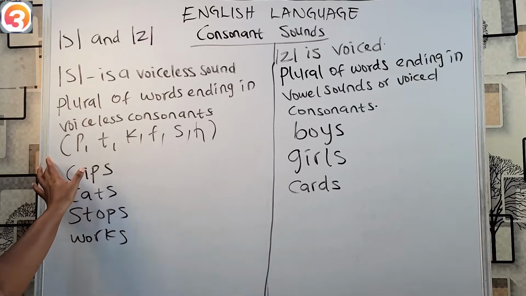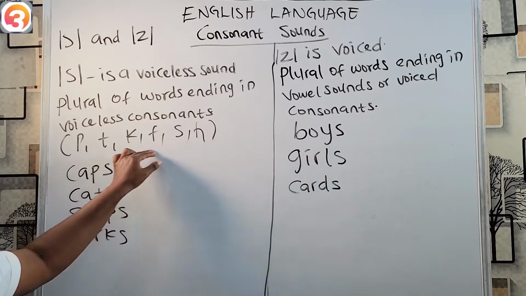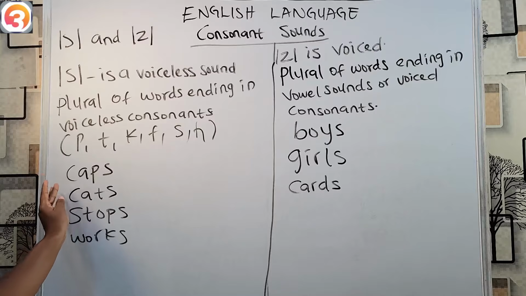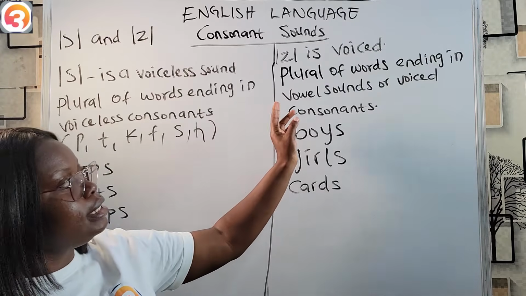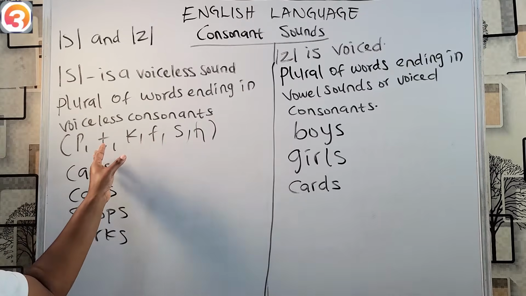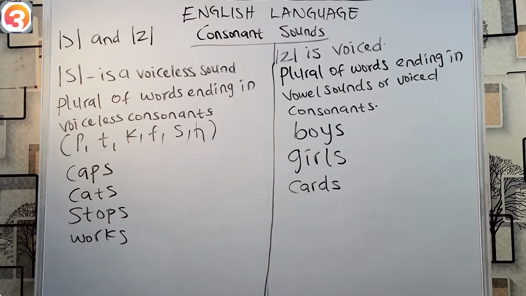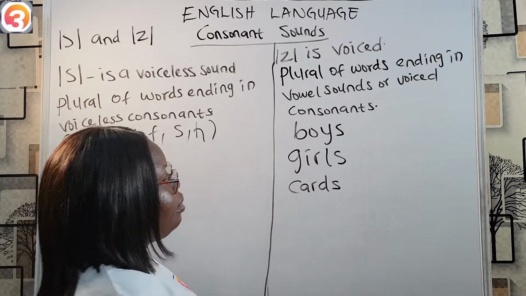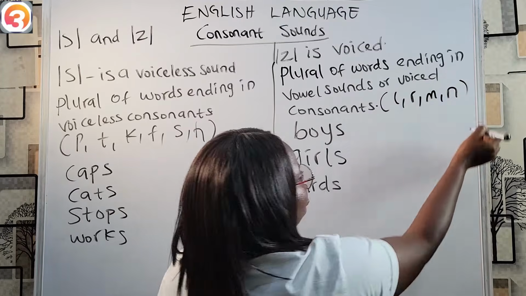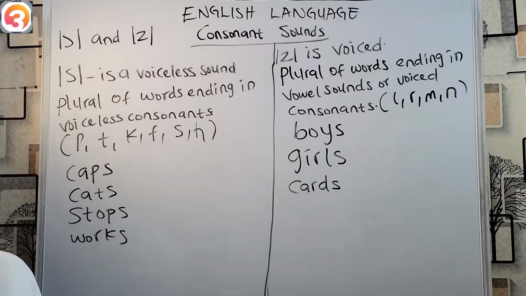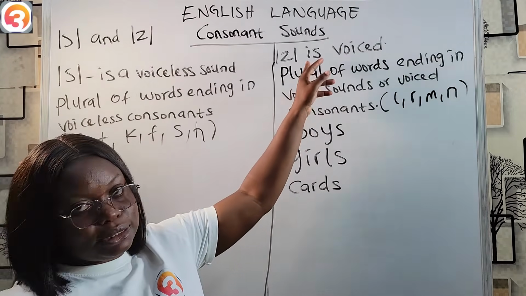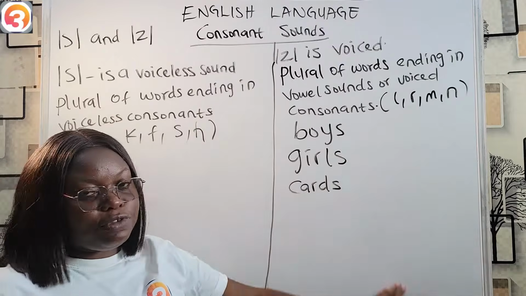Well, if it is a word ending in a voiceless consonant, we pronounce the S as S, as in caps, cats. If it ends in a vowel sound or a voiced consonant, other letters apart from these, like L, R, M, we pronounce the S as Z, just like the examples that we've given here.